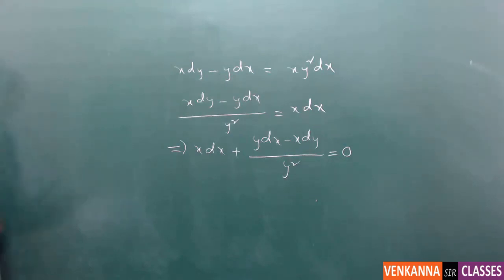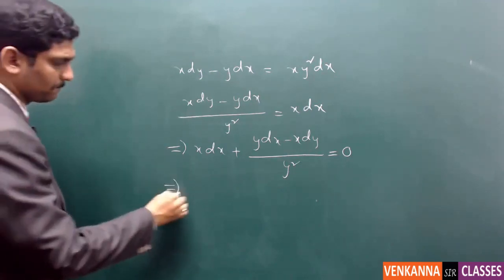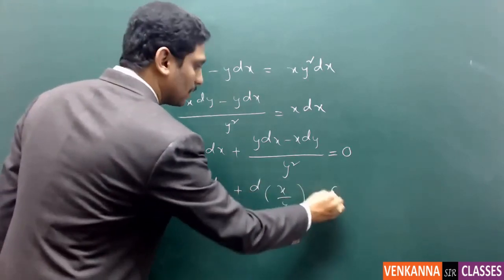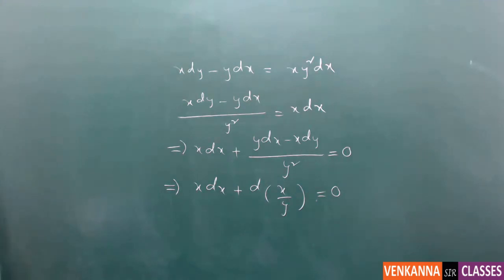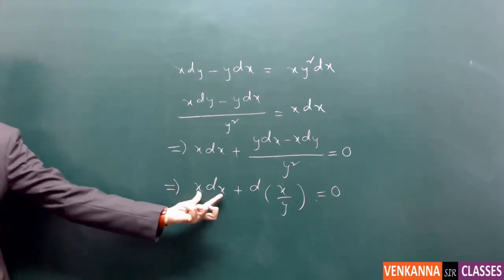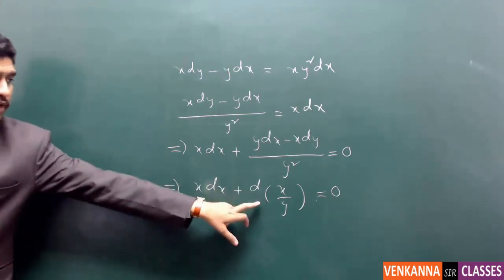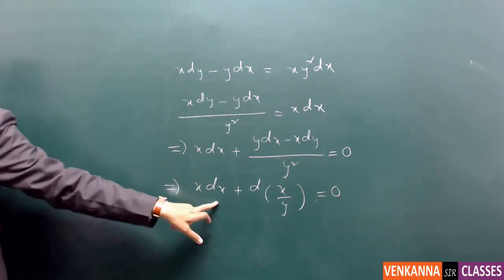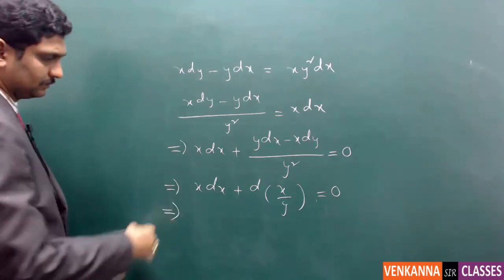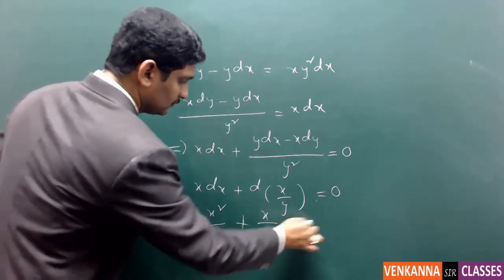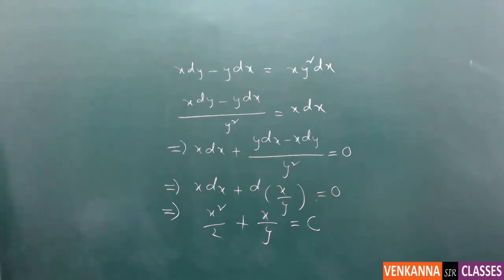Yeah. It is also agreeable, right? Now here, x and the corresponding differential exist. So you can integrate this, and this is the derivative of x by y. So you can directly integrate the given equation. Hence, the result will come as accepted or not.